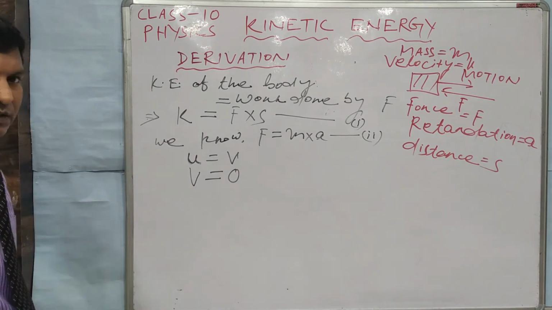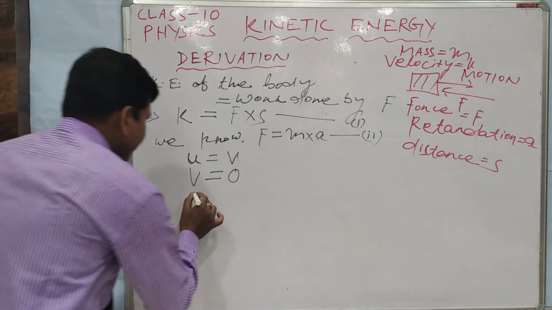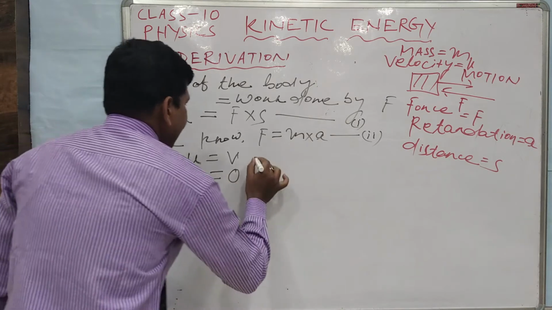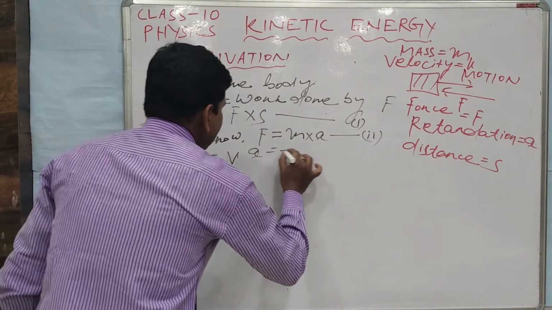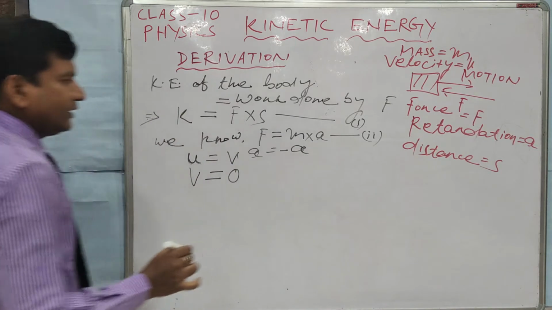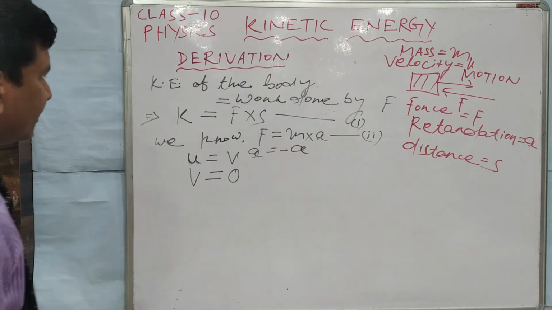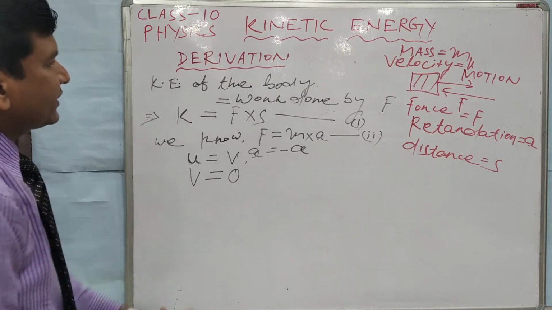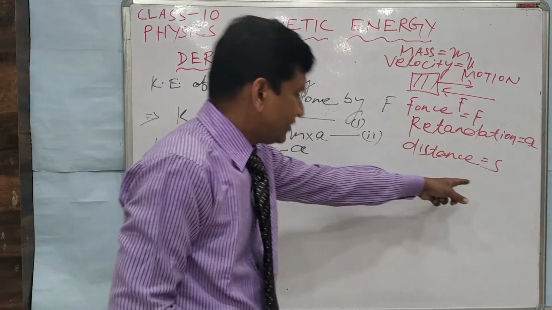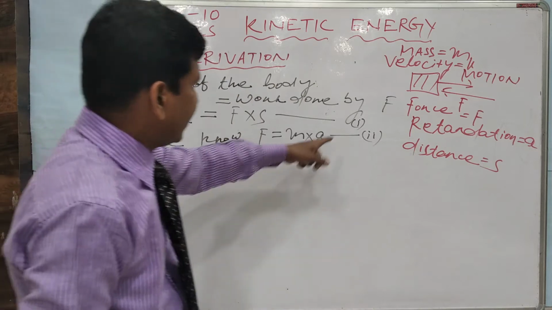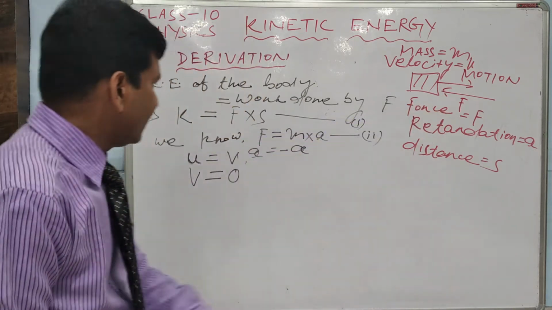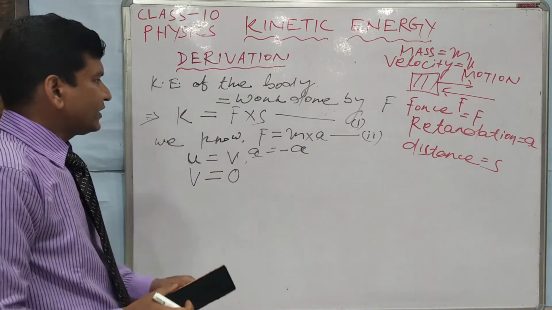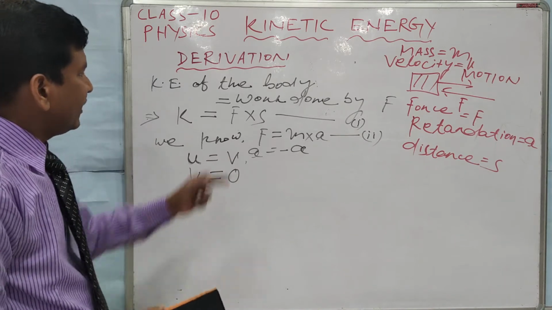Therefore the final velocity becomes 0. And here the acceleration produced a is equal to minus a, because here acceleration is the retardation, I have told you. And the distance covered, already given, is S, in the time when the force is acting onto the body. So from this information we will find the value of S.